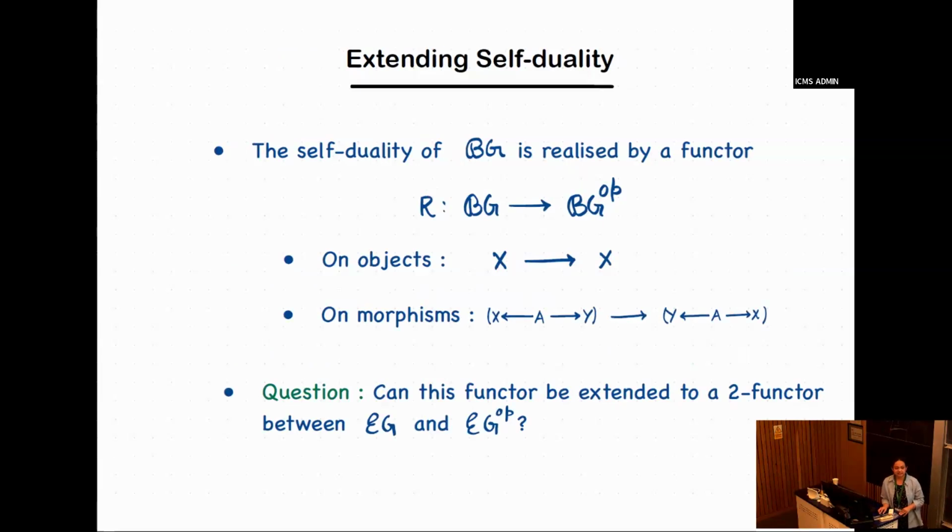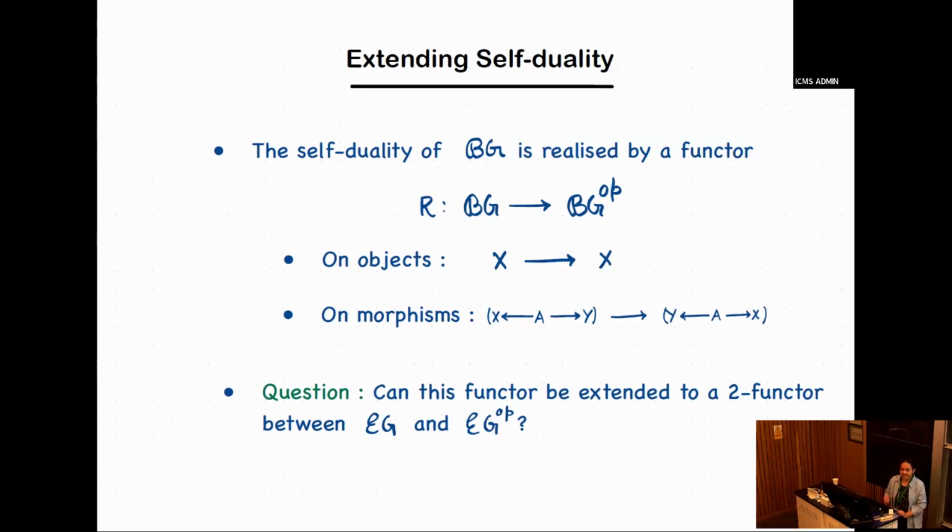So we want to see whether this self-duality in the Burnside category can be extended to the Burnside 2-category. The functor that realizes this self-duality, which I denoted by R, is identity on objects, and it takes X, A, Y to its reverse. Note that here these are isomorphism classes of spans.